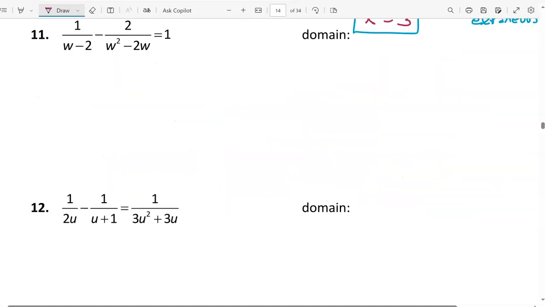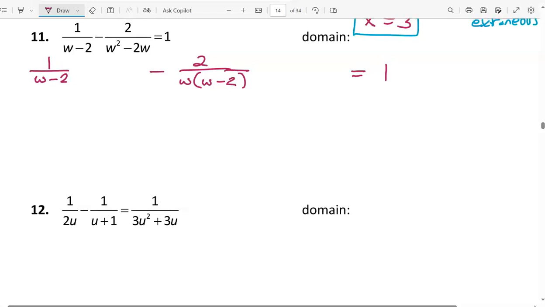In number 11, we'll begin by factoring each denominator and observing that one or both of the denominators are equal to 0 if w is equal to 0 or equal to 2, so w may not equal 0 or 2. That's the domain.